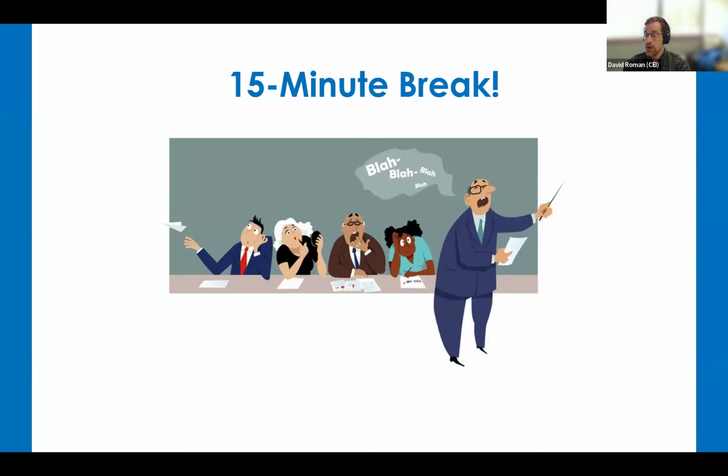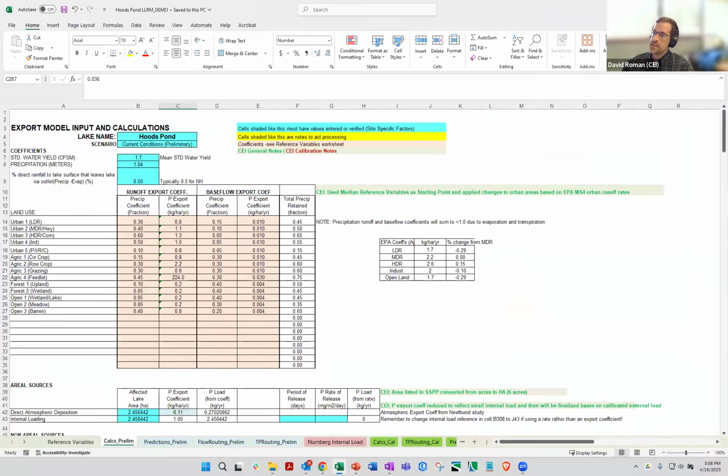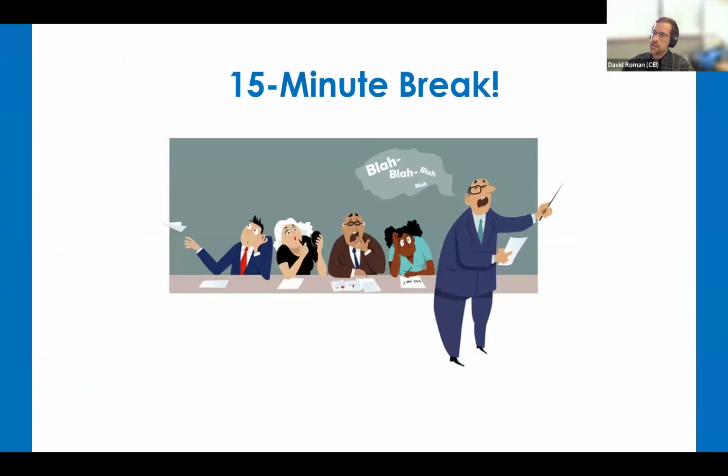Okay. Do the land use export coefficients account for soil type or land slope? Let me just look really quick. I think there is a little bit of that in there.